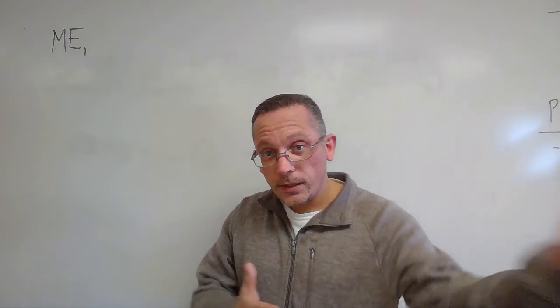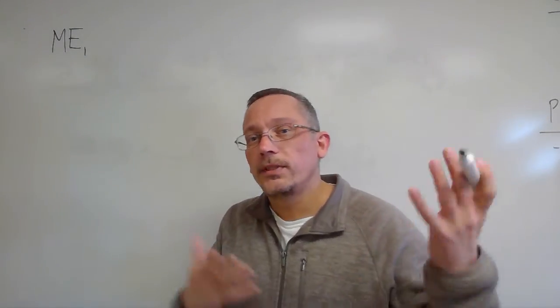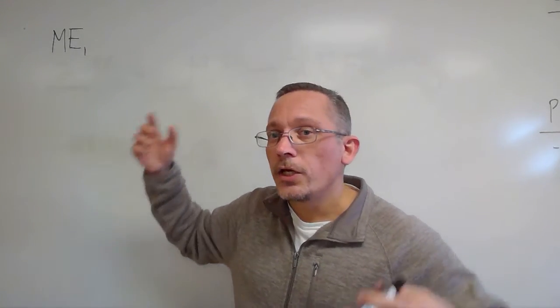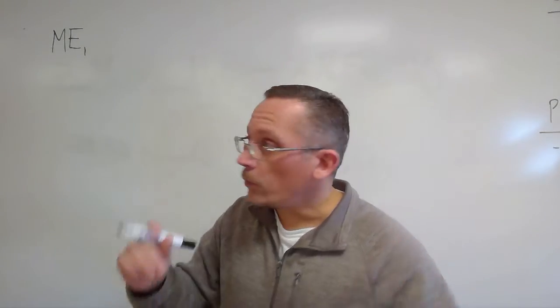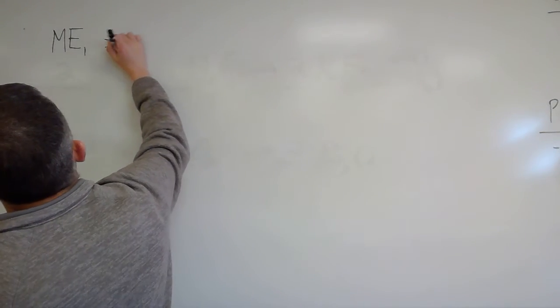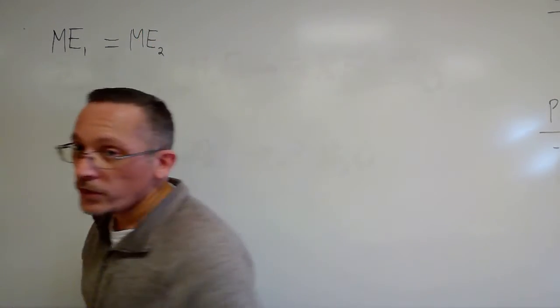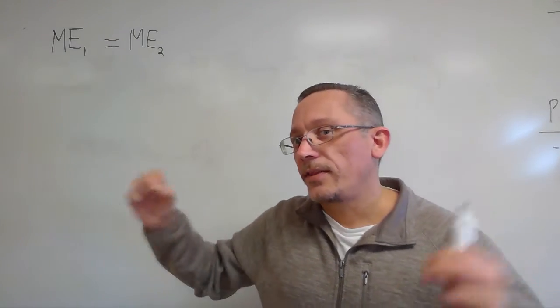And then later, at the end of its falling or its rising, it's got some mechanical energy later. I'm going to call that ME2. And these two mechanical energies should be equal. The mechanical energy at the beginning should equal the mechanical energy at the end.